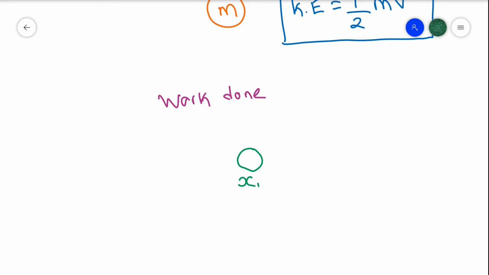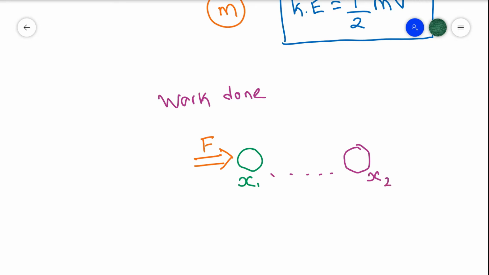So if we are to move that object, we would require to apply a force of F on that object. So when a force of F is applied on that object, this object will move. Maybe the new position of that object will be at x2.